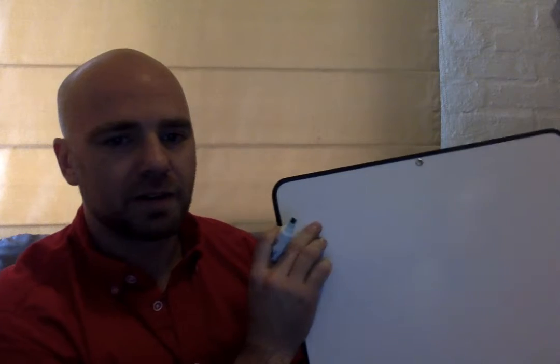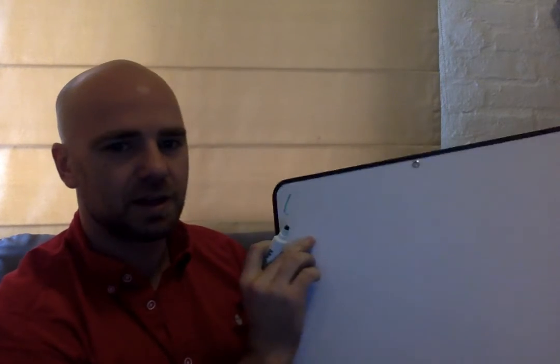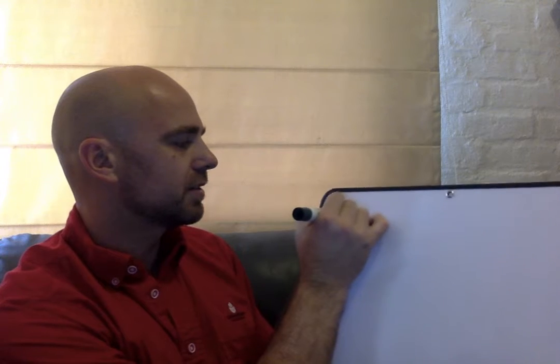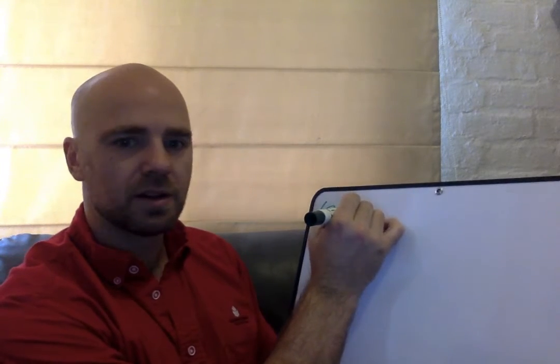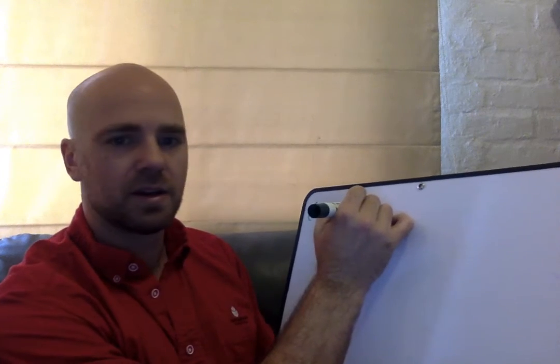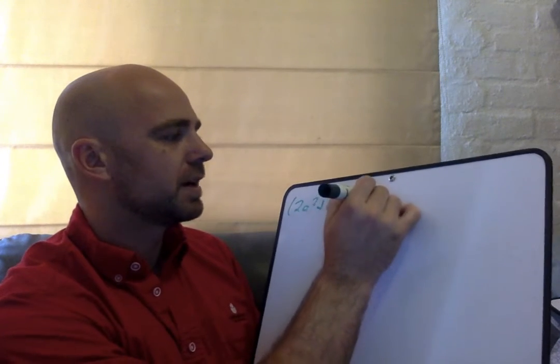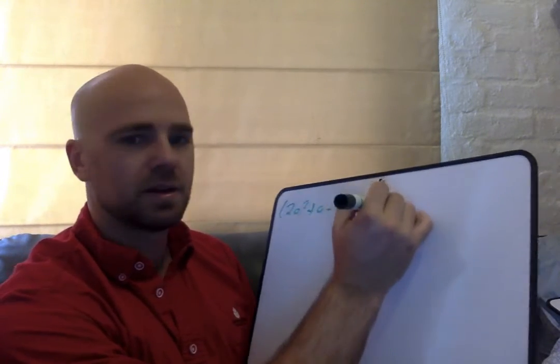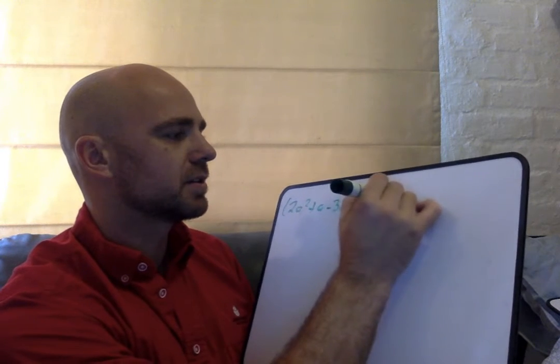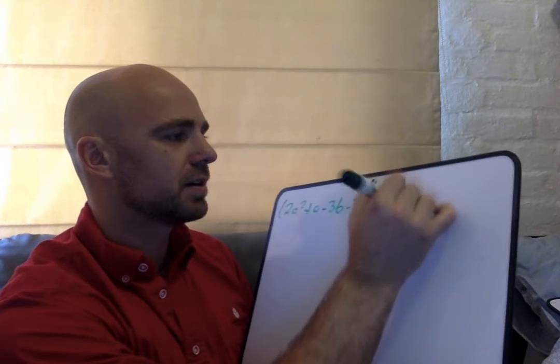All right, let's grab this board. I've got a nice long one for us to practice. It might take a couple lines. So I'll try to write 2a squared plus a minus 3b minus 7ab plus 3b squared.